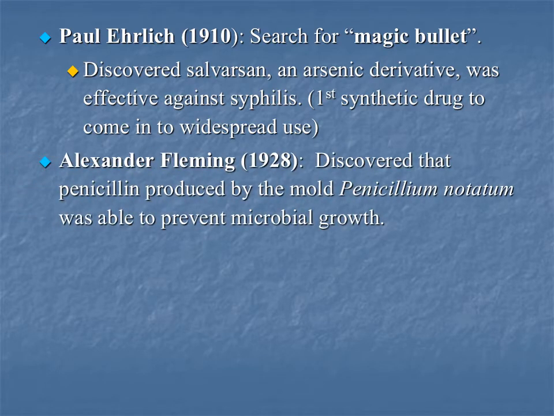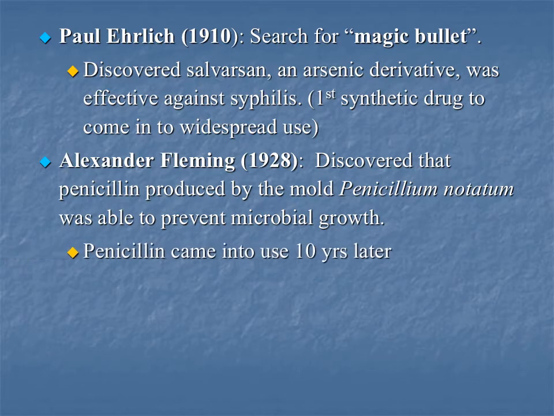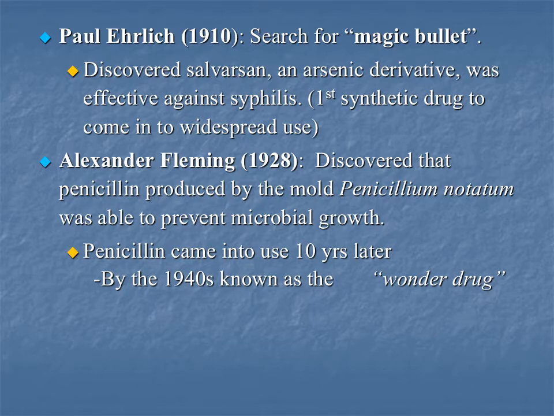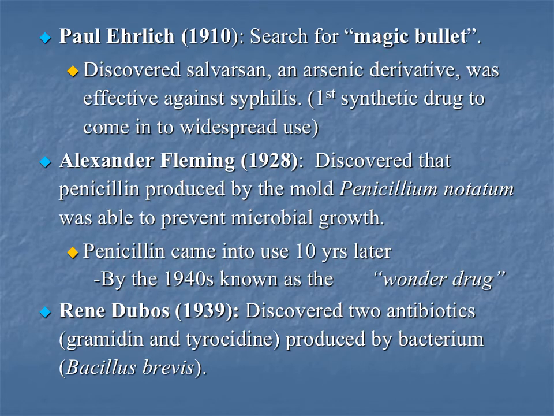Paul Ehrlich discovered salvarsan. Alexander Fleming discovered the first antibiotic, penicillin, and René Dubos discovered 2 antibiotics, gramicidin and tyrocidine.